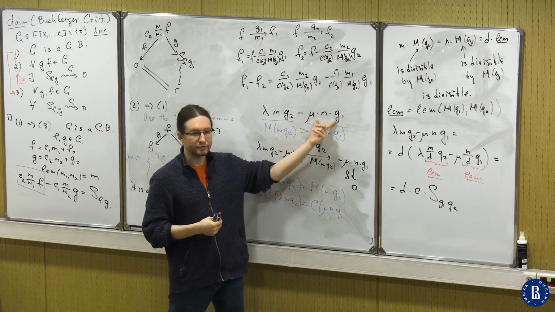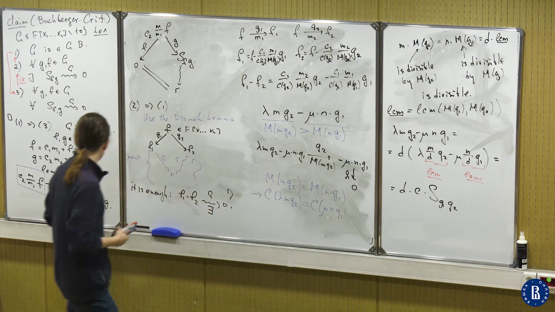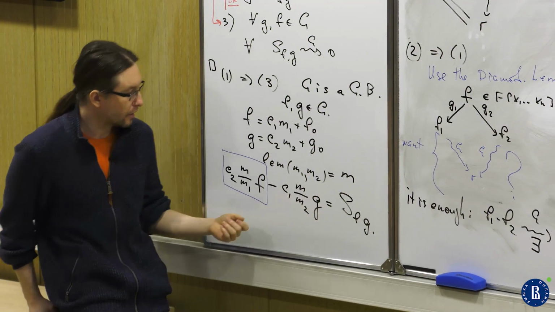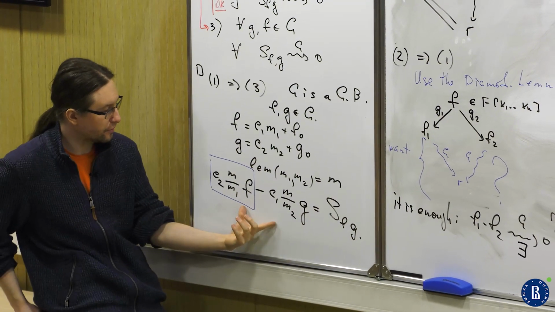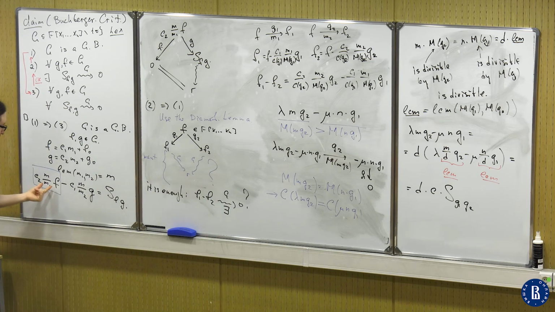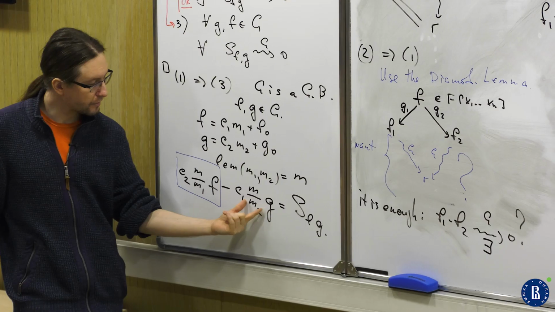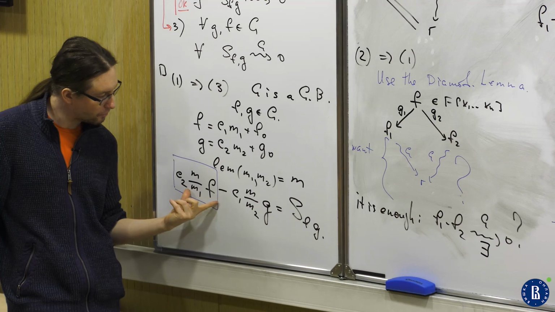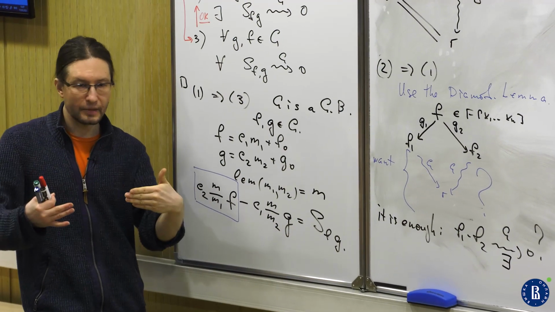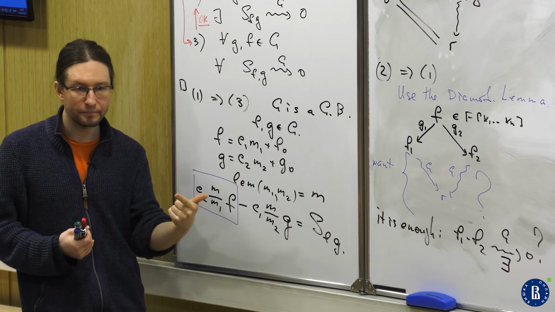So we have this difference. It looks like this expression, you see? What's the difference between this expression and what's written here? Well, here, these two monomials were chosen in such a way that the leading monomials of these two summands are the same, and they are equal to LCM.